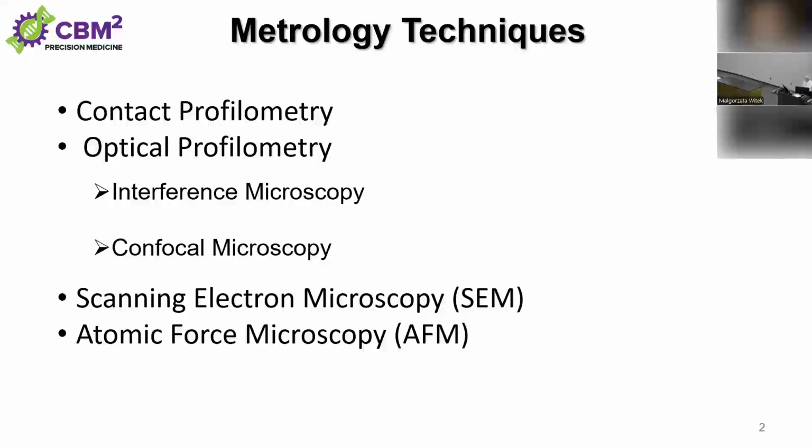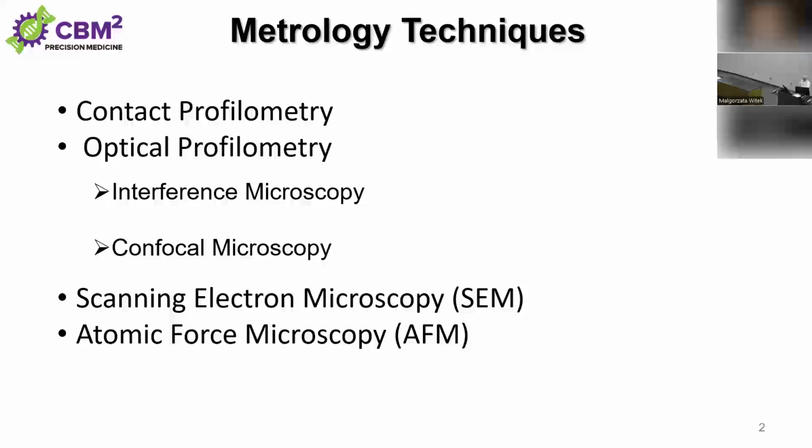Okay, so there's a lot of different ways to do metrology. Metrology is basically measuring the physical size of the structures that you make. There's a whole slew of techniques to do that. One is contact, where you actually have a probe or a stylus that runs over the structures that you make.